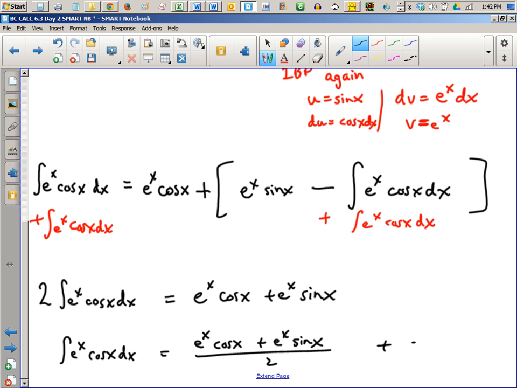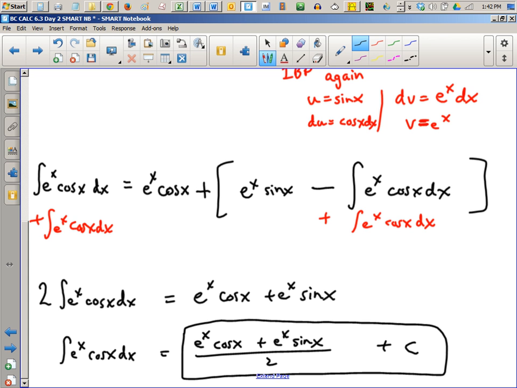Don't forget your plus c. So this really is something for nothing, because I never actually solved this integral. I just did IBP twice, and I got it for free. So that's called free lunch.